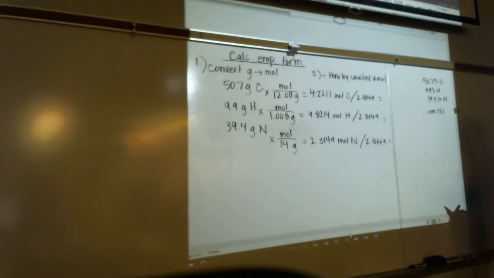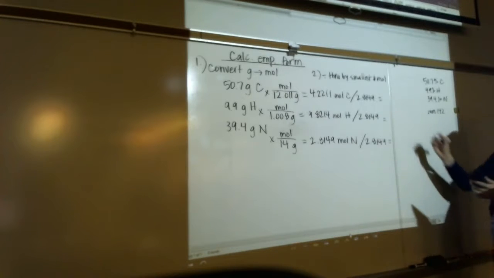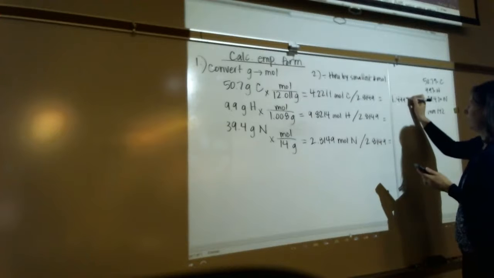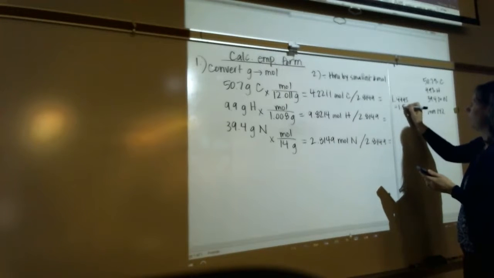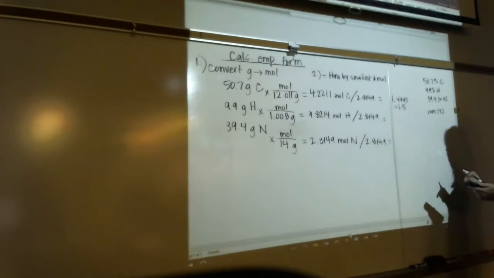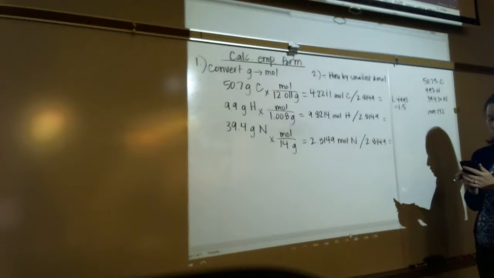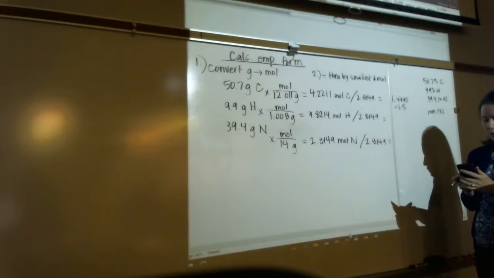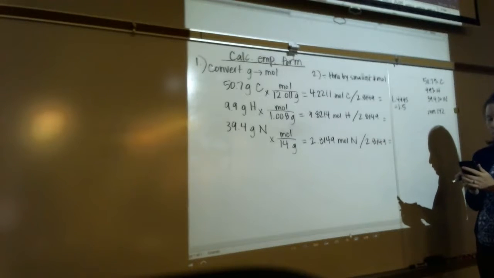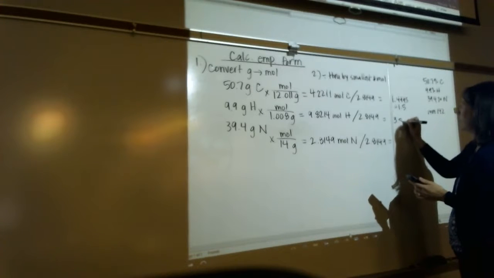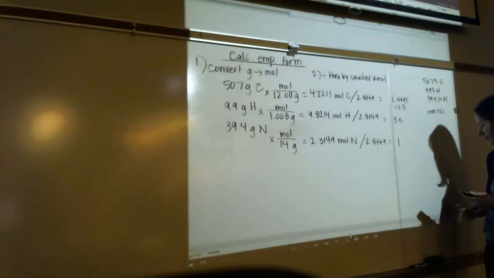So 4.221 divided by 2.8149 gives me 1.4995, which we're going to round to 1.5. We'll deal with this in just a minute. 9.8214 divided by 2.8149 also gives me a 0.5 ending, and then this was 1.